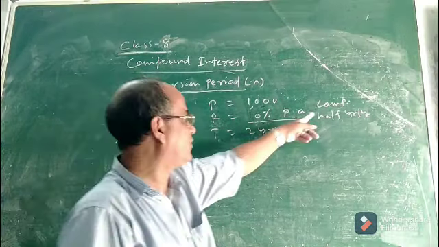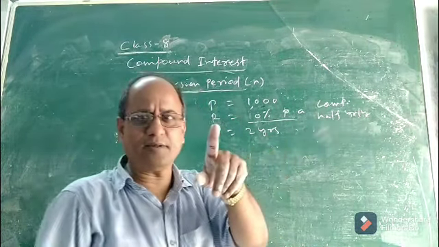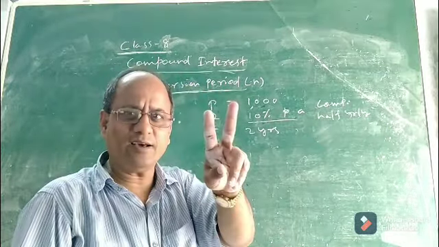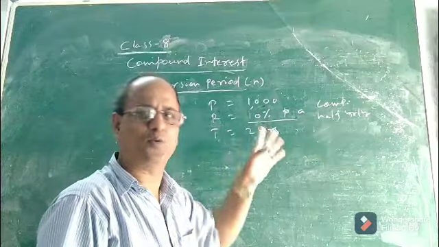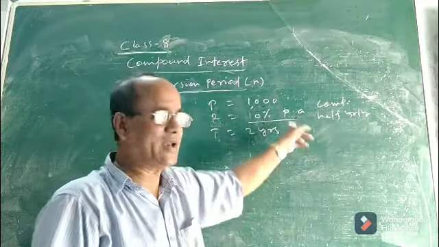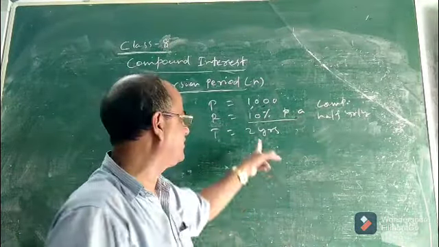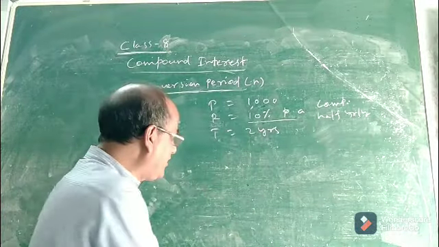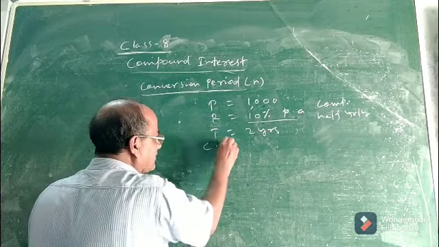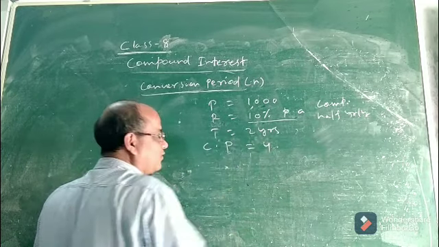Half yearly means every 6 months, or twice in a year. If 2 times in a year, then in 2 years, 2 into 2, that is 4 times. So here, in this example, the conversion period will be 4.